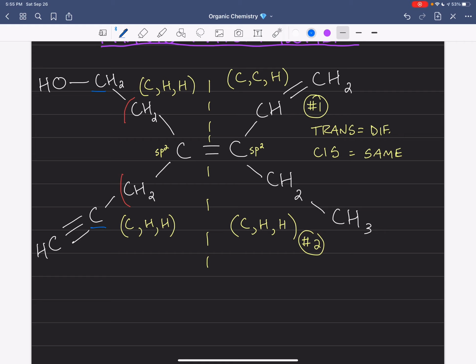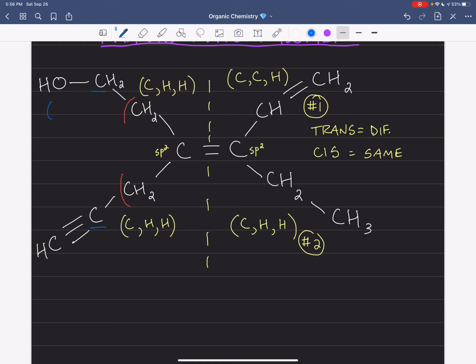So this carbon, and remember, you're not going to connect back to another carbon that you're already looking at. Because if you look at this, it's weird because you're only ranking 3 things, even though carbon has 4 bonds. So for this one, carbon is going to be attached to hydrogen twice and oxygen once. So that's the ranking we're going to use here.